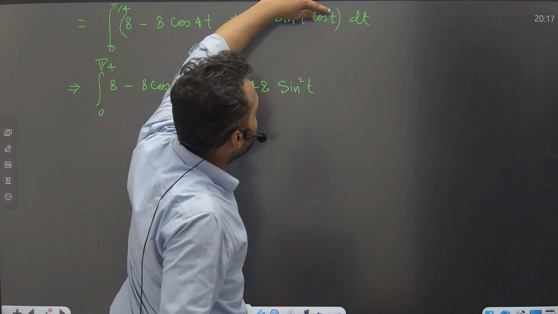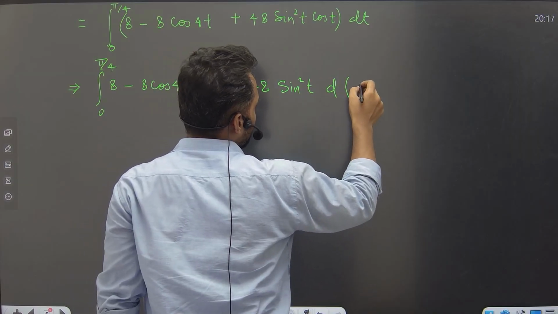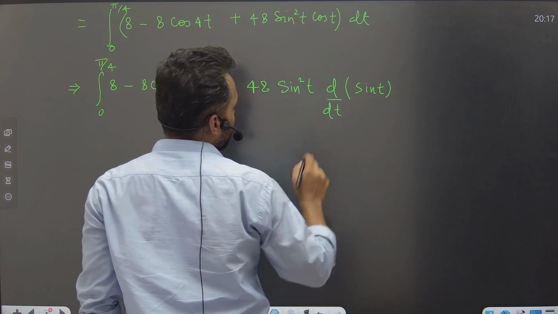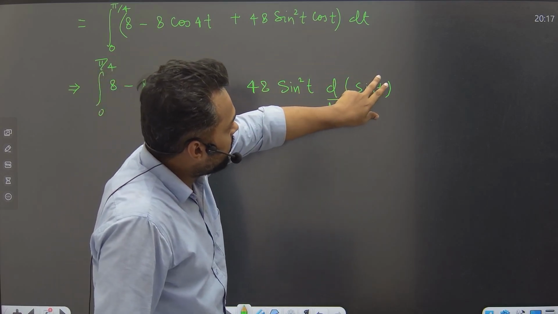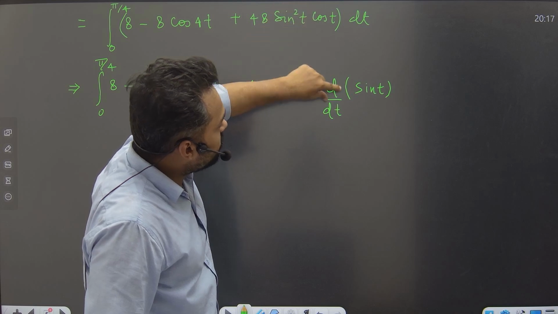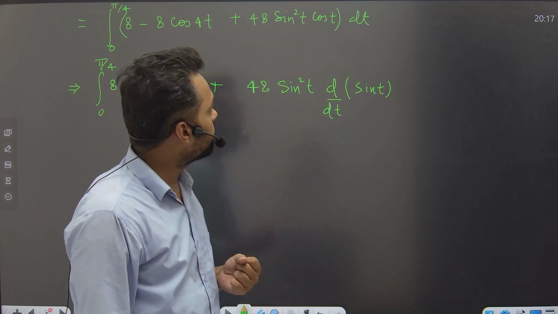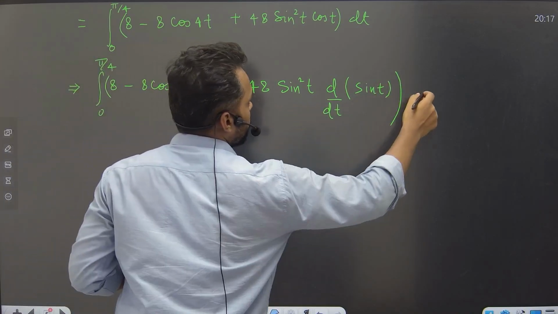This part, student, cos t could also be written as d by dt of sin t, because after differentiation of sin t we get cos t. So we are writing directly d by dt of sin t. We are arranging here. As usual, don't forget to mention the dt part.